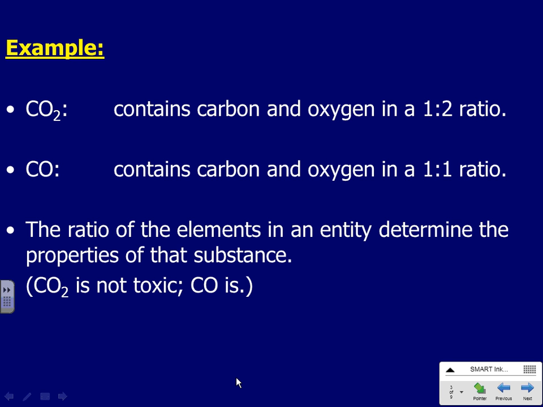So if I'm talking about something like CO2, it means that we have a carbon to oxygen ratio of 1 to 2. It means that there is 1 carbon found in each carbon dioxide and 2 oxygens found in each carbon dioxide.